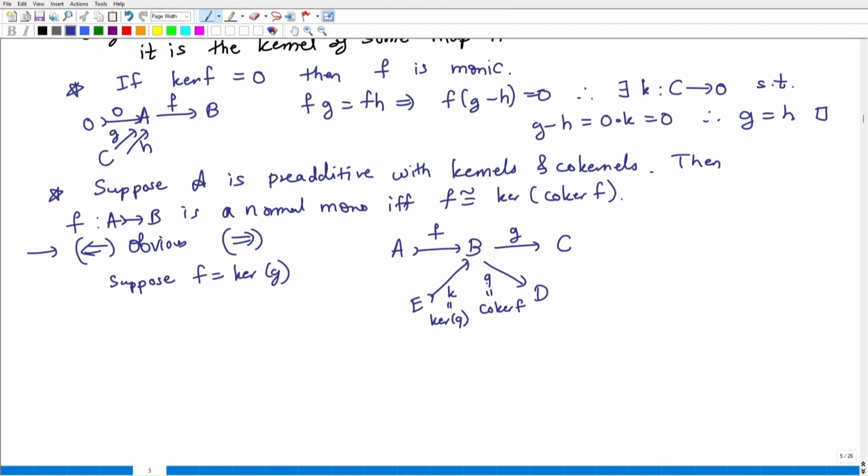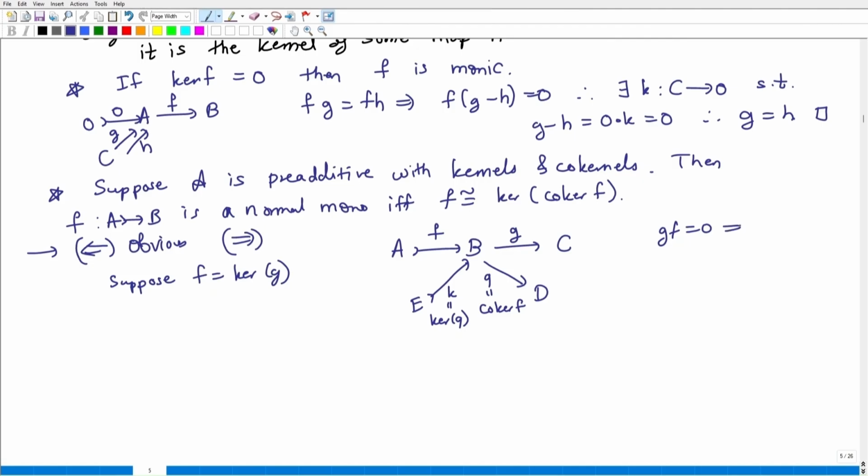What does that mean? No, no, no. GF is equal to 0.